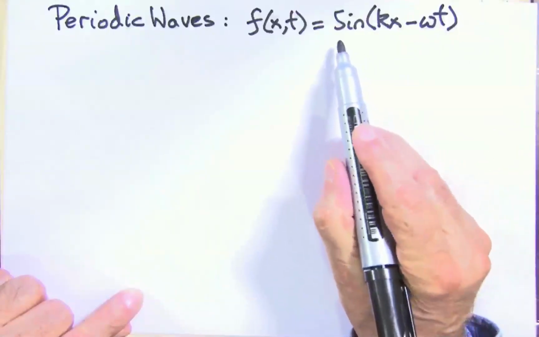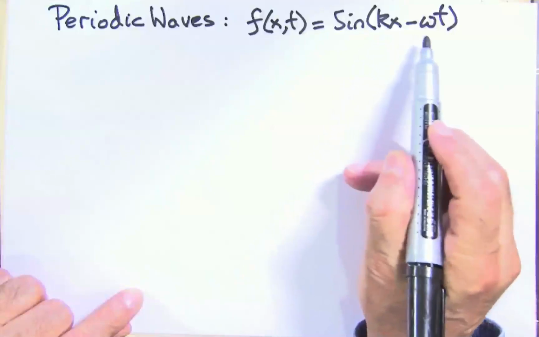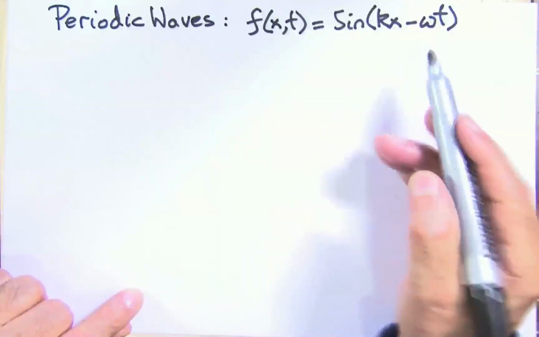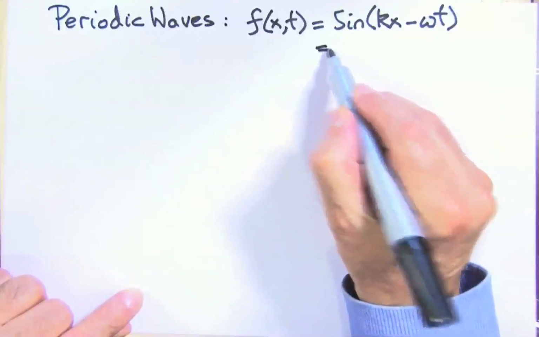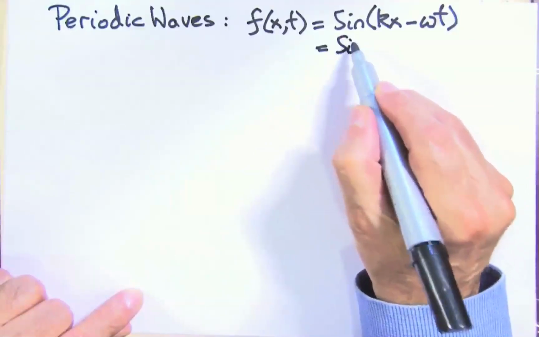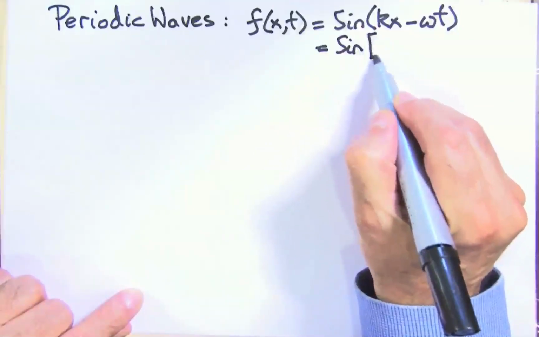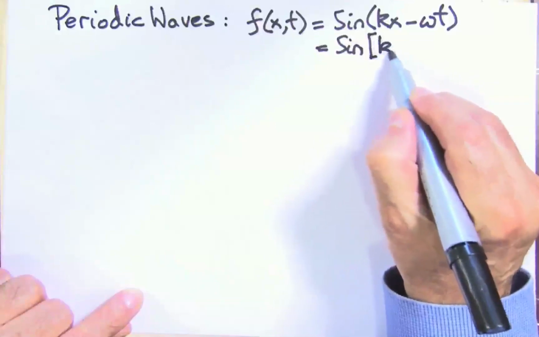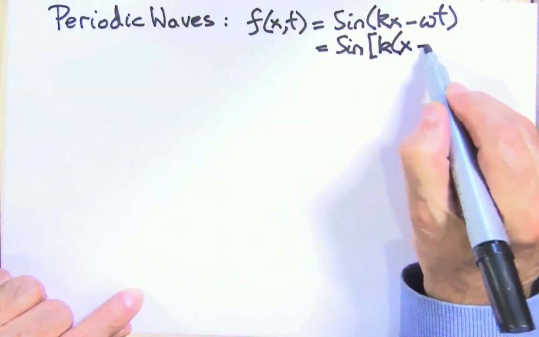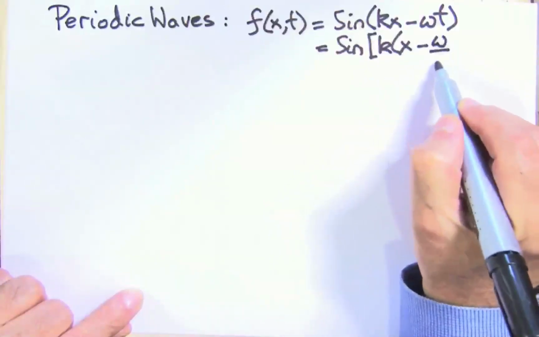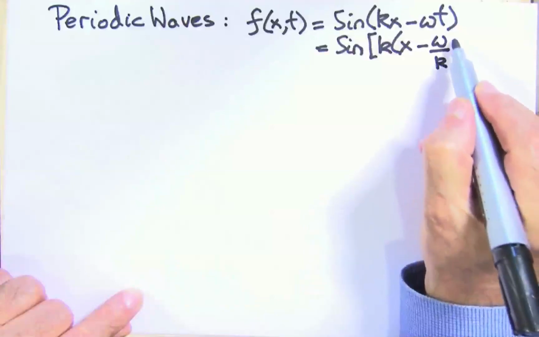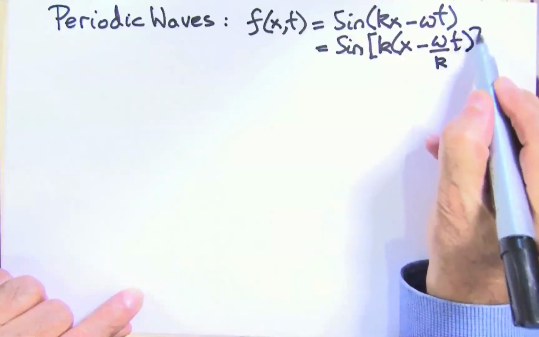So let me just take sine of kx minus omega t, which you can always write as sine of k of x minus omega over k t.